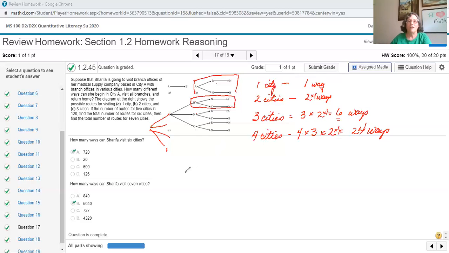This is, by the way, actually called factorial. We'll learn later when we get into counting and probabilities.